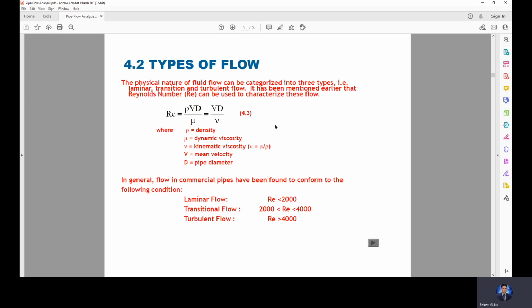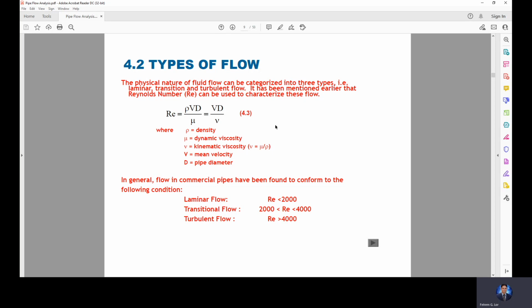If it's laminar flow, we use a different approach because the governing factors are different, and for turbulent flow we also have a different approach because the governing factors of flow are different. If you have a different approach, we will use a different equation. Although it's the same concept, the governing factor is different when the flow is stronger, when it's turbulent. So the equation and the formula to be used are different.